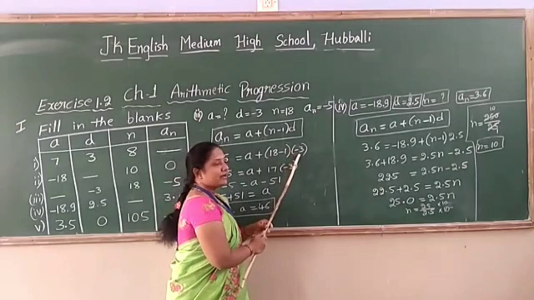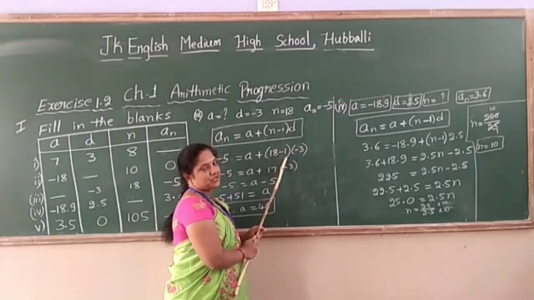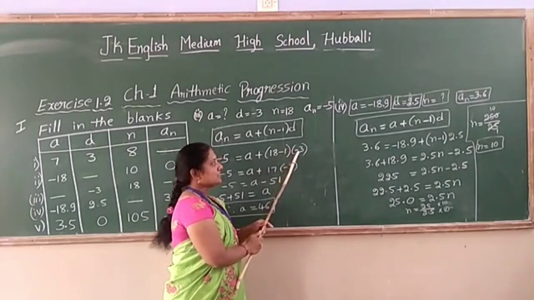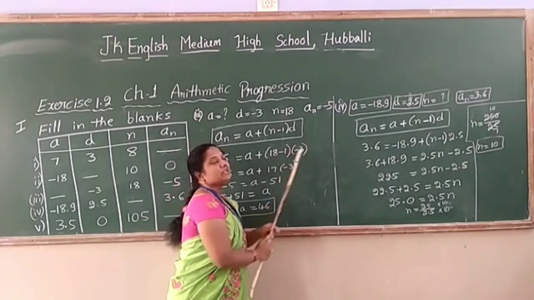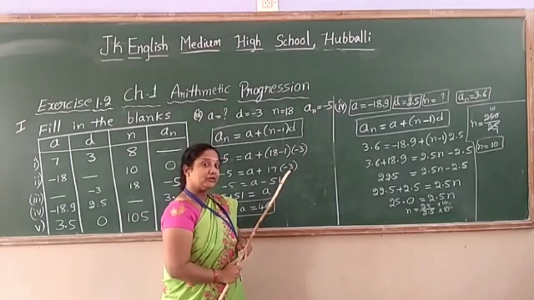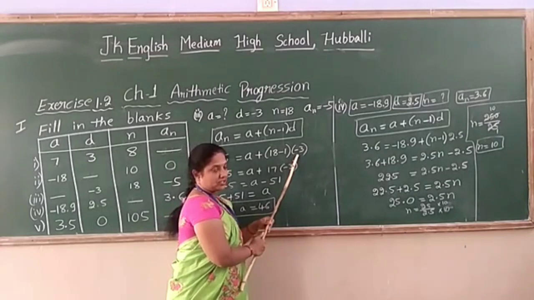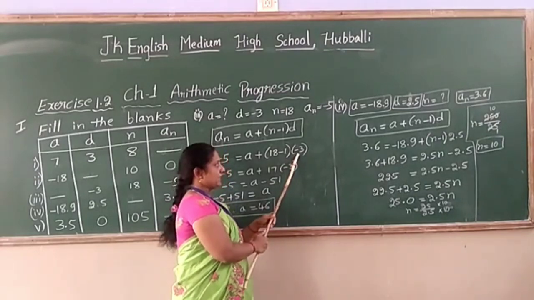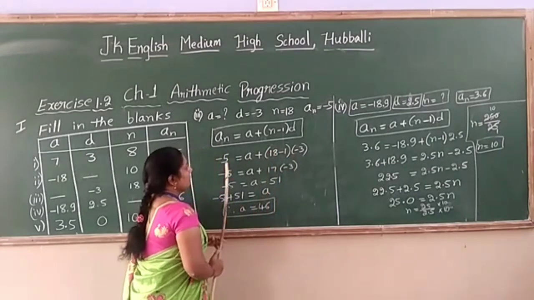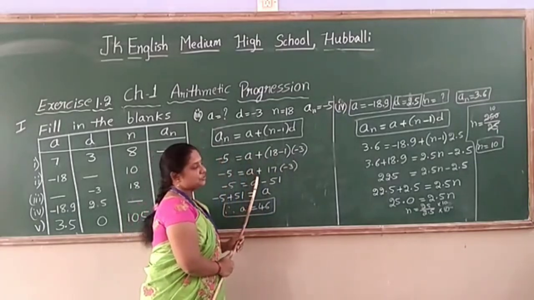You have to write bracket and you have to write the value because it is multiplication. You have to write multiplication sign. Instead of that, we write bracket and we multiply afterwards. If you do not write this bracket, the sum may become wrong. So please write the bracket, then you simplify by multiplication. Now minus 5 as it is, a we have to find out.